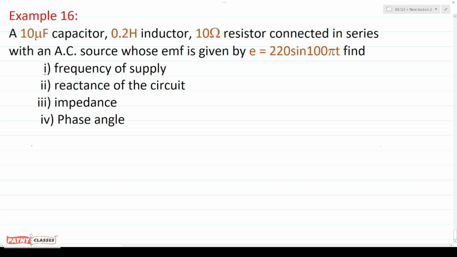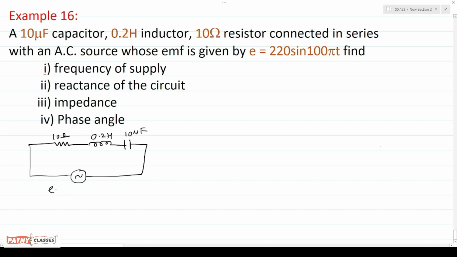So let us draw the circuit diagram. Resistor, inductor, capacitor connected across AC supply. Resistor value 10 ohms, inductor value 0.2 Henry, and capacitance value 10 microfarad, and supply given by E equals to 220 sine 100 pi t.